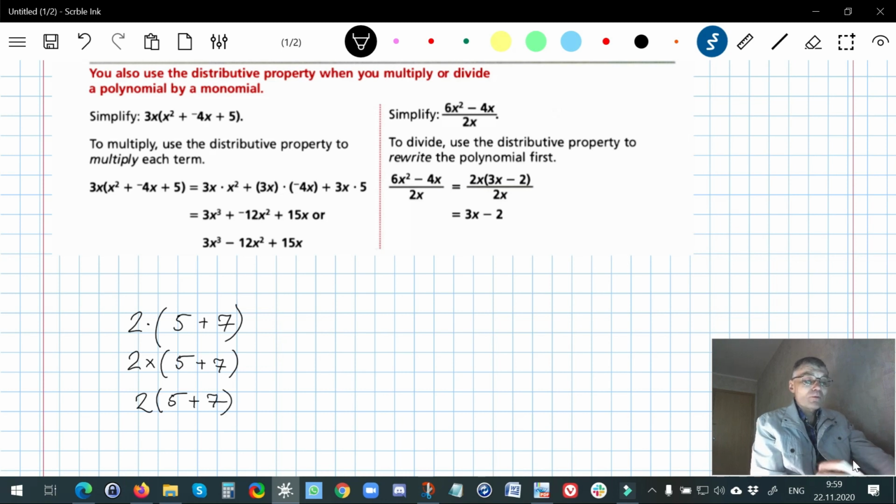All three forms are equivalent, and let me write it neater, 2 times (5 plus 7). So all three forms are equivalent, so I'll be using the shortest one.